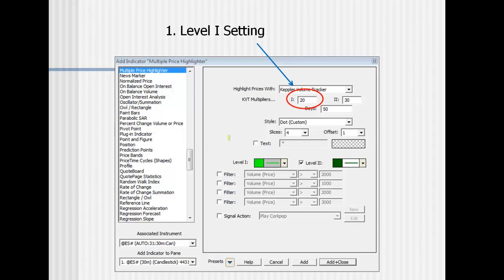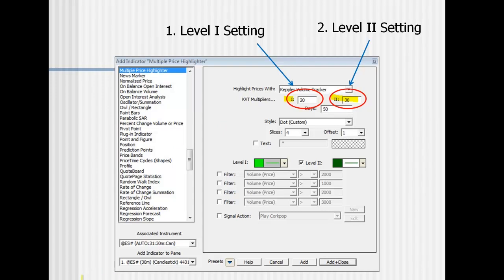In this case, these settings are for the ES Mini. The setting for level 1 is a 20, and you will see that the setting for level 2 is 30 right here. So once volume is detected above average, for level 1 we are going to show one standard deviation away from average, and level 2, two standard deviations away from average.